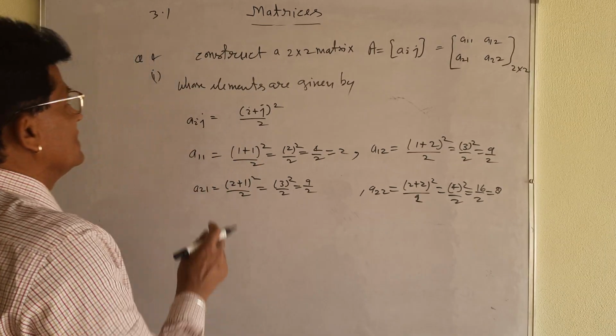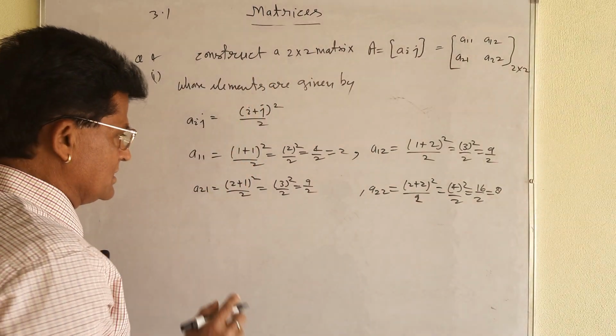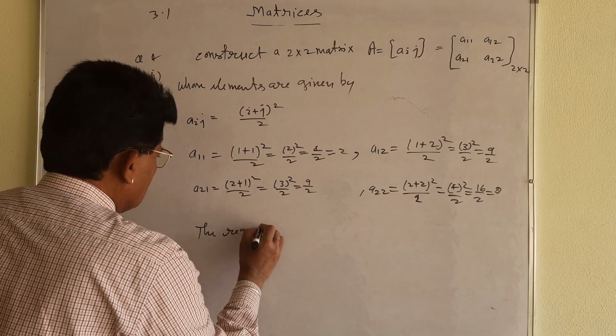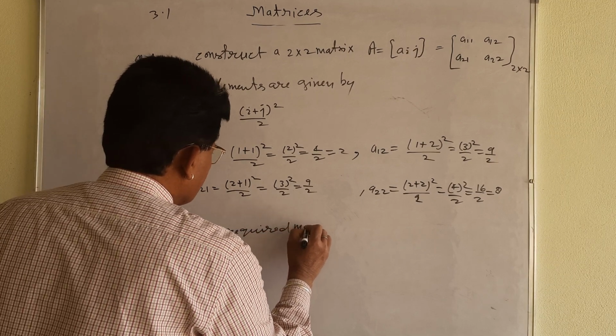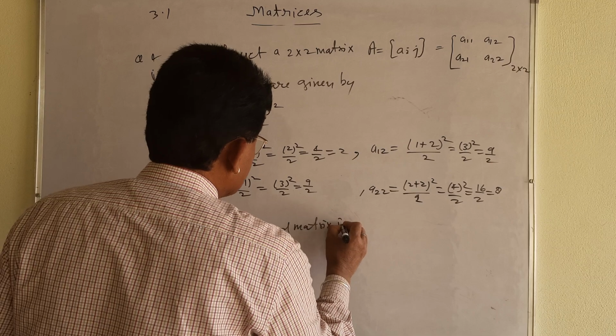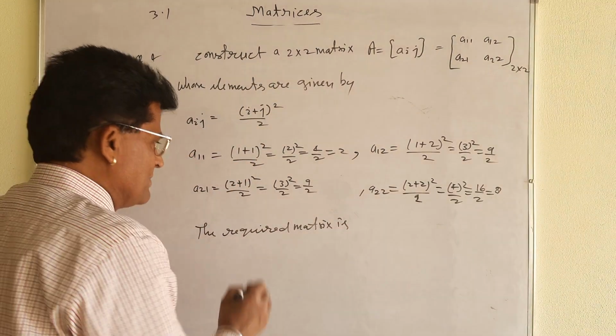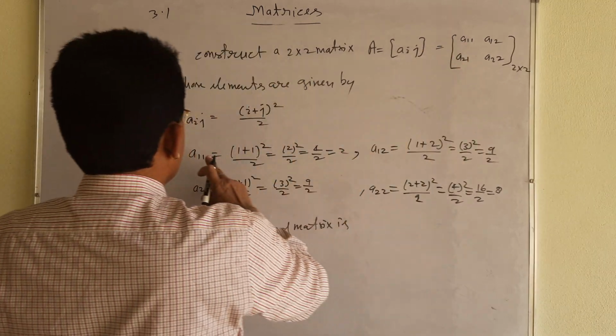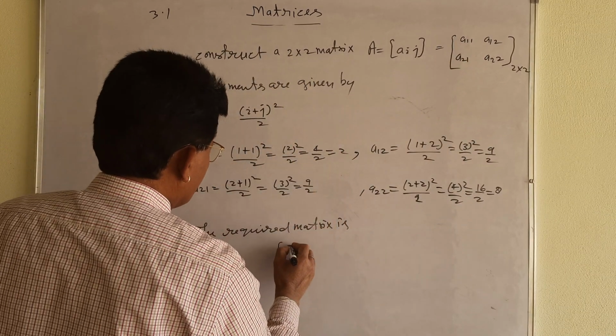Now here it is given, construct the matrix. The required matrix is 2 by 2 matrix. क्या मैट्रिक्स हो गई भाई बताइए? You see, in place of A11, what you will write? 2.